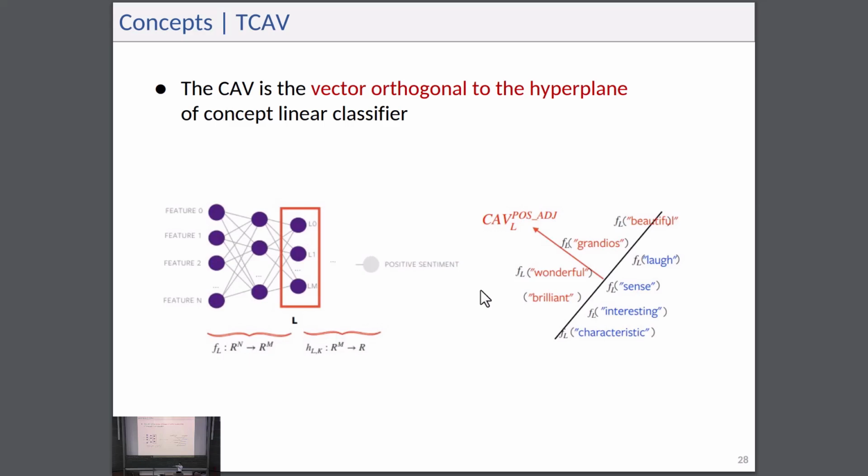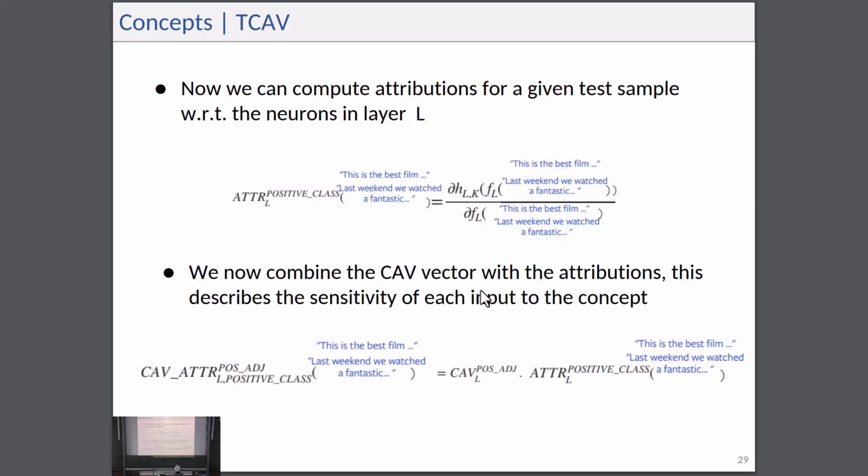So if you think about the hyperplane that says approximately everything below will be belonging to this class, everything above will be belonging to the other class, the vector that points in that direction is pretty much what defines being of that class, as a direction. So we have that vector.